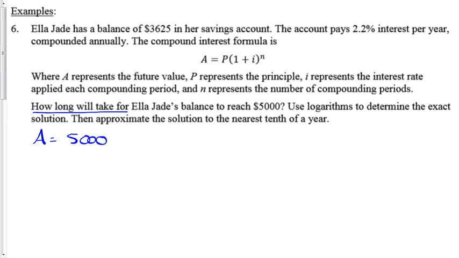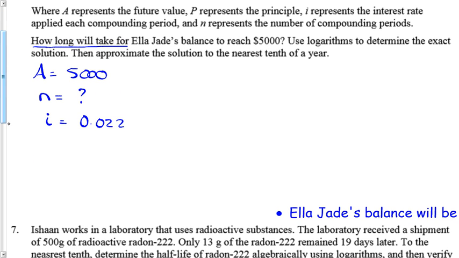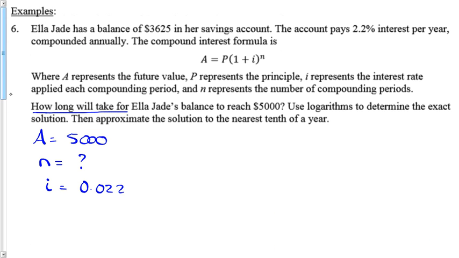So what we don't know is the N value. The interest rate, since it's compounded annually, will be 0.022. So again, write the percentage in decimal form. And then we know her initial amount, which I can't see again. Principal is 3,625.